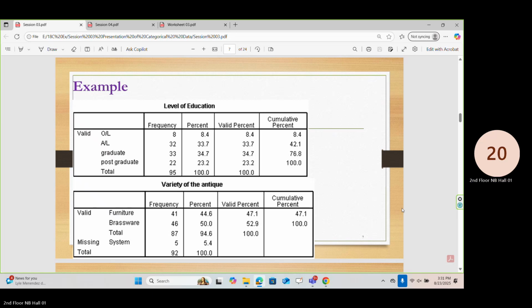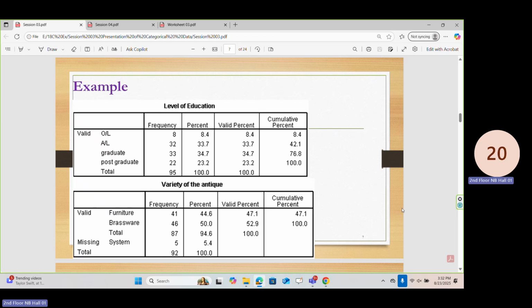It consists of respondents who studied up to the O level and the A level both. Then the third one, 76.8, means 76.8% of the respondents completed up to O level, A level, and tertiary. The last point is 100%. Why? The fourth cumulative percentage value consists of all four categories.